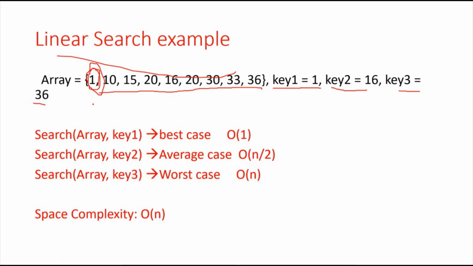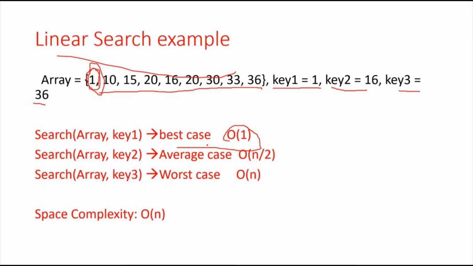We don't have to put more effort for this operation. So this is a constant time operation. The complexity will be big O of 1, and this is called best case. Best case means we have very little effort.